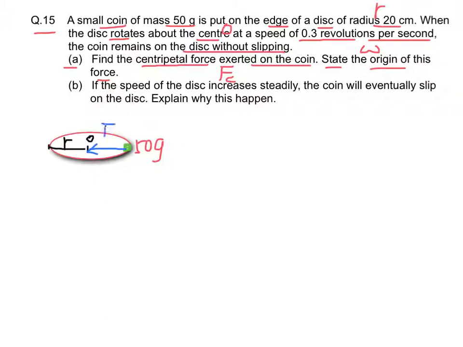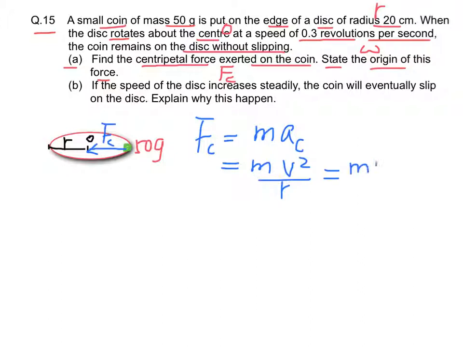By definition, the centrifugal force on the cone, Fc, is equal to its mass times centrifugal acceleration, which is equal to m times v squared over r, or equal to m times omega squared r.